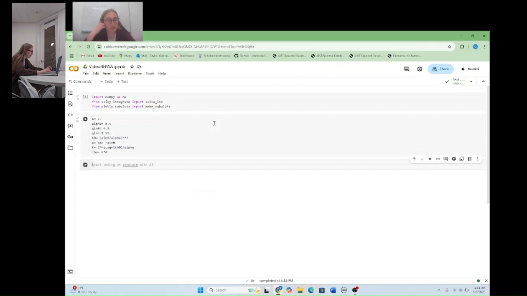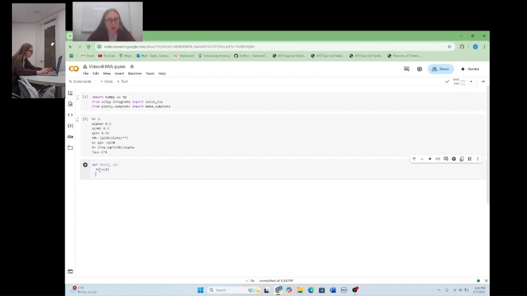After that, let's define the right-hand side of our function. So this is going to be t and h as our function. We know that h is going to equal h naught.